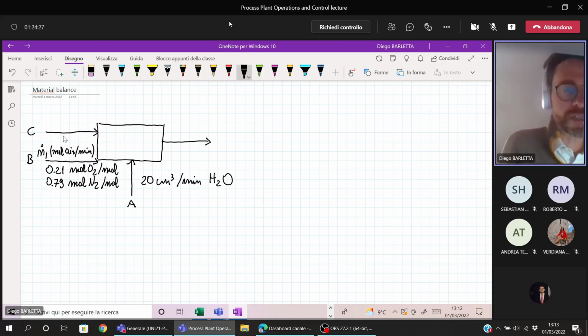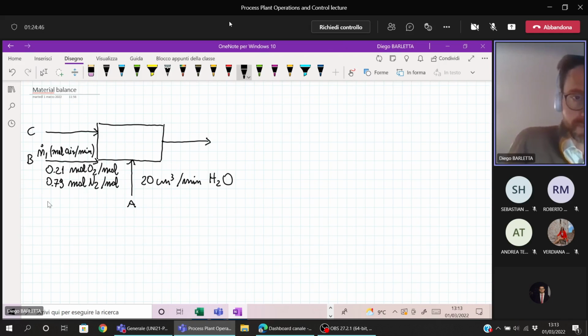The other information is that the total molar flow rate of oxygen in C is 1/5 of the total molar flow rate of air.